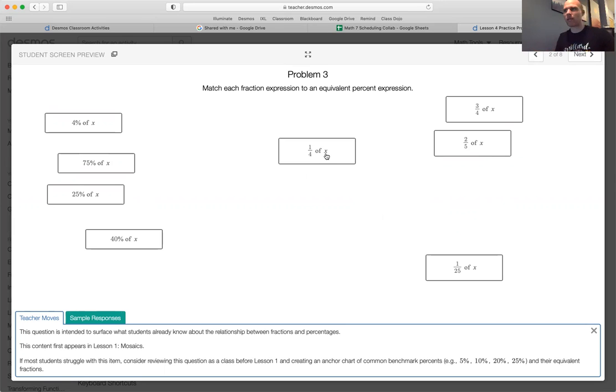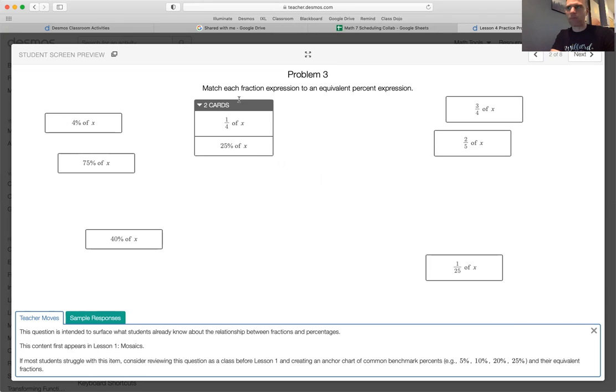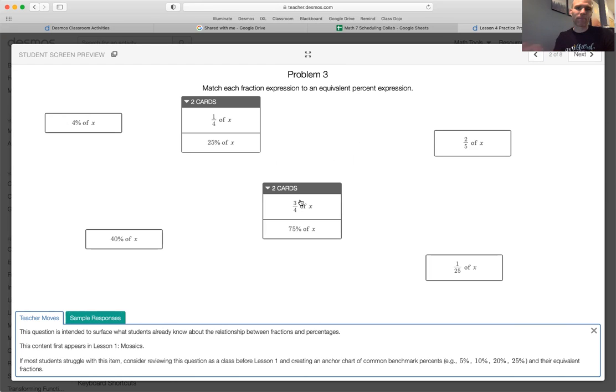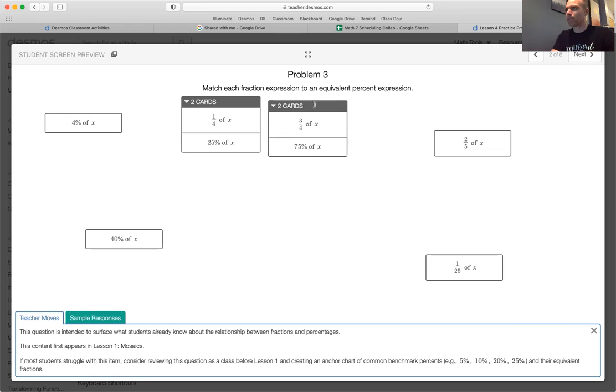They mean sort of the same thing. 1/4 is 25 cents. That's the same thing as having 25%. So I'm going to match 1/4 and 25% as the same thing. By that same logic, if I have 3/4, otherwise known as three quarters, that's like having 75 cents. That's the same thing as 75%. So I'll match those up.